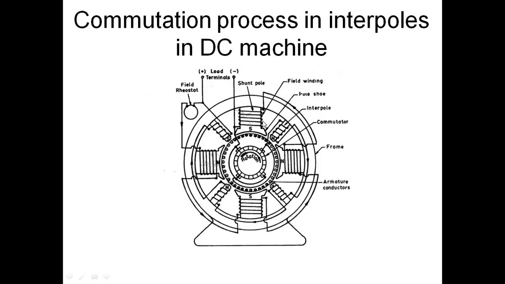The next, commutation process with interpoles in a DC machine. Interpoles are connected in series, which reduces the commutation problem. In this diagram, in between the north pole and south pole, we connect the series winding in the center pole, that is called an interpole in the DC generator.